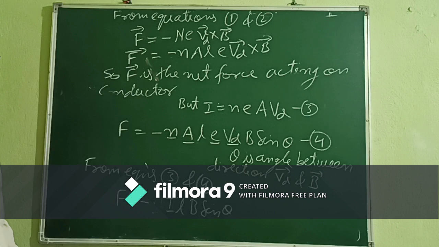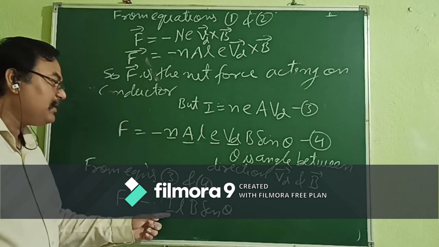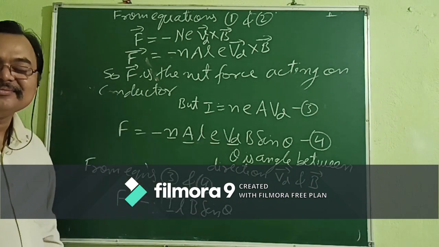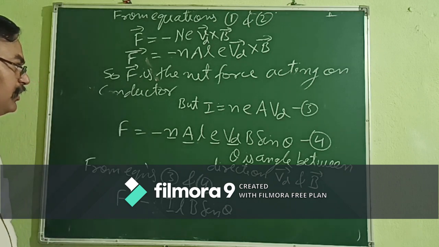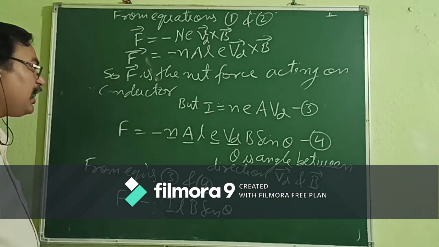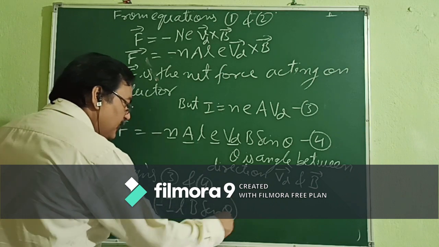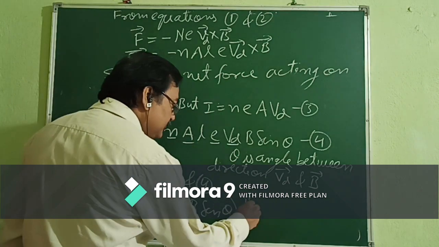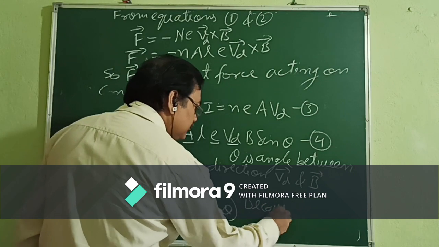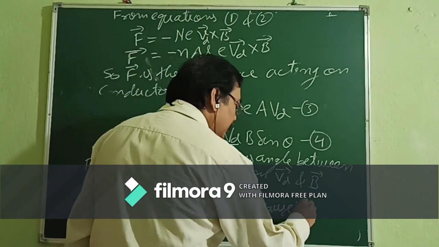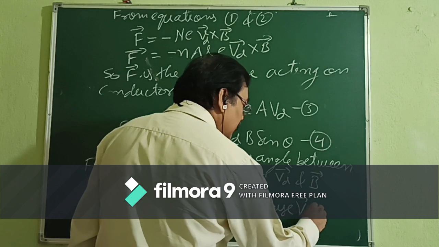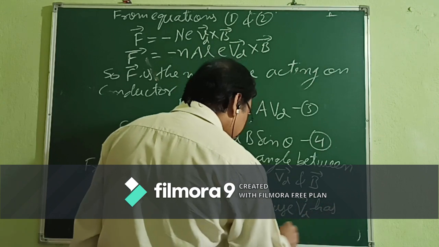But my dear children, we know that the direction of current is opposite to the direction of drift velocity. So here, what we need to write is a minus sign. Why?